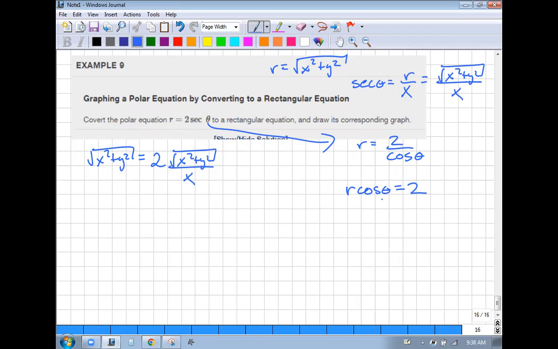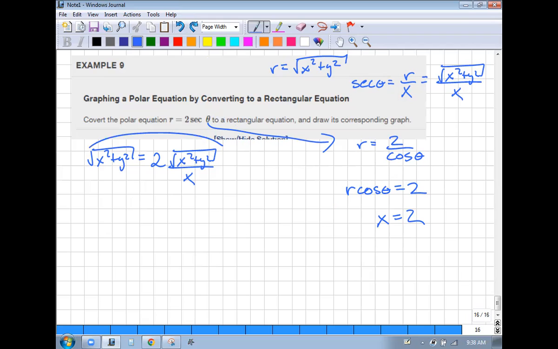Well, r cosine theta is x, right? So just like when you see x and y, you want to replace them with r cosine theta and r sine theta, when you get stuff like this, you want to turn it into r cosine thetas and r sine thetas so that you can swap them out with x. You want to go the other way as well.